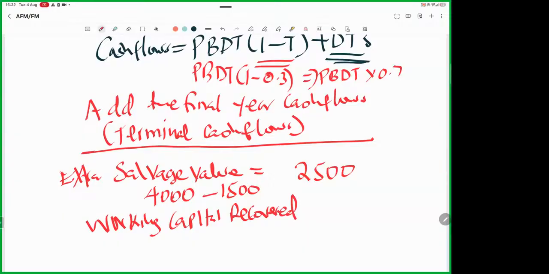The old machine has no working capital. We only have working capital for the new machine, which is how much? It's 0 and 2,600. Therefore, please listen to me very well.